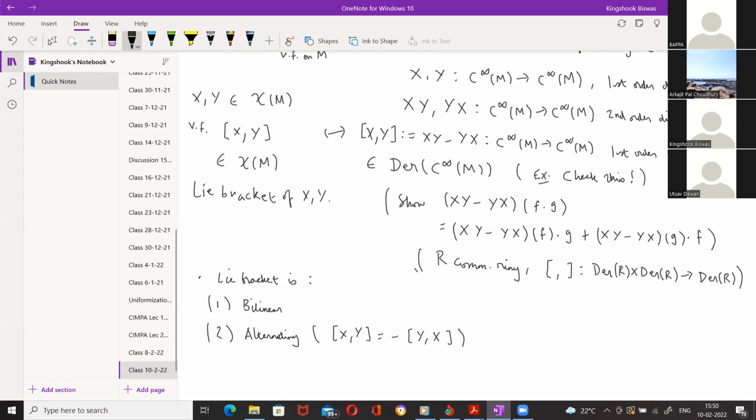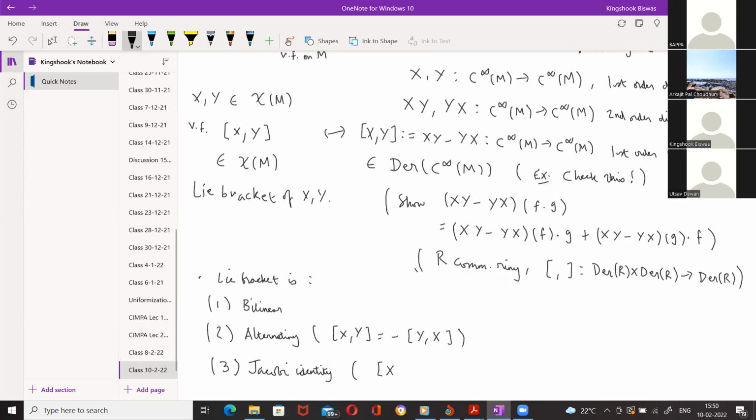Yes, yes. And it satisfies, again, from the definition you can check, what's called the Jacobi identity. So that's a sort of triple symmetry.